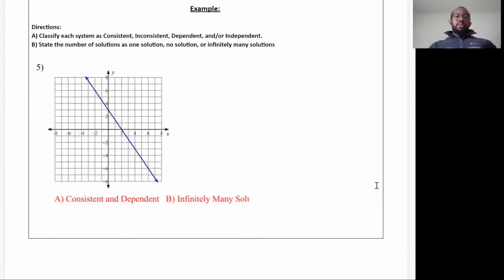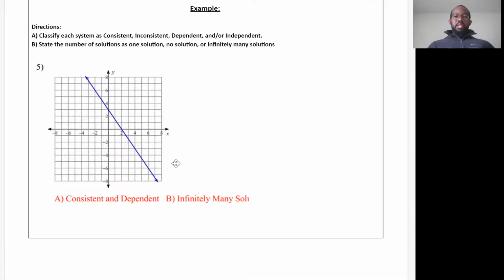So let's look at the example in your packet, okay? So here you have number 5, okay? There are two lines. It doesn't look like it, but there are two lines. They're on top of each other. So what would we say in this case? We would say that this system has infinitely many solutions.